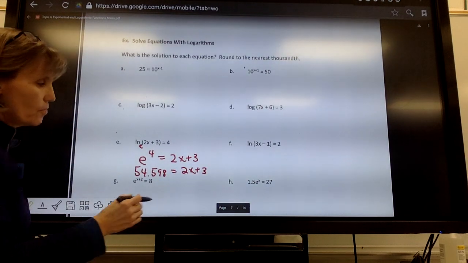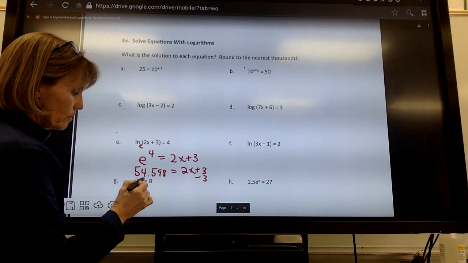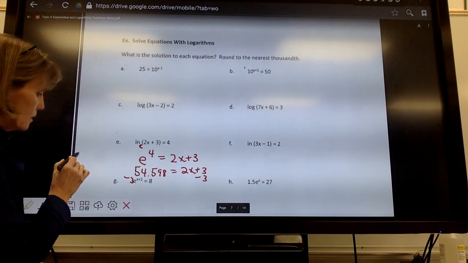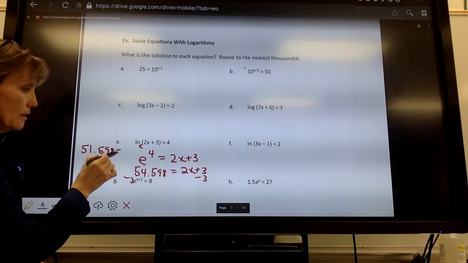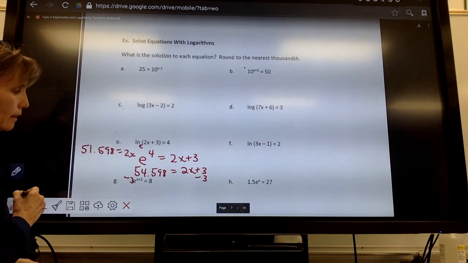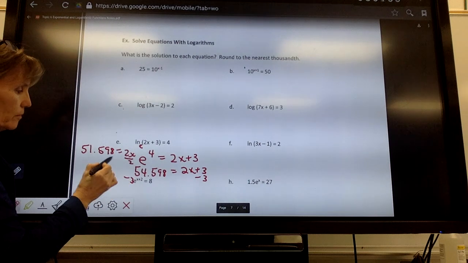And now we're going to solve by subtracting 3 from both sides. So that's going to be 51.598 is equal to 2x. I divide by 2.